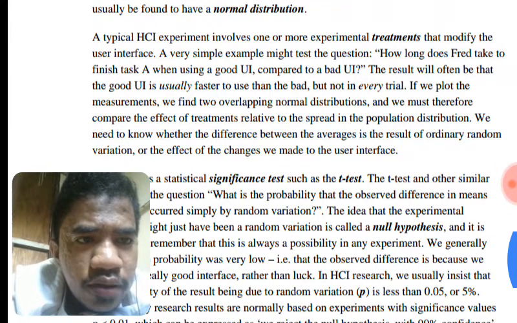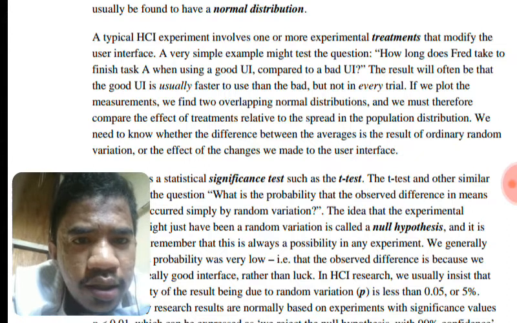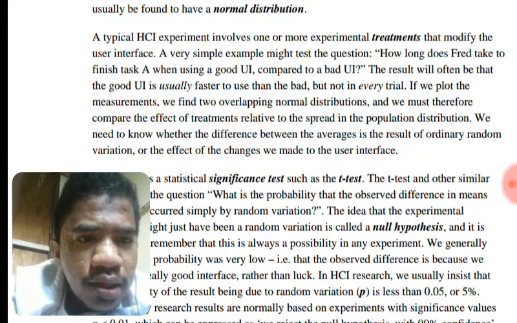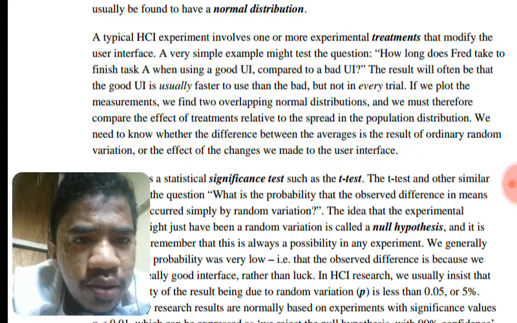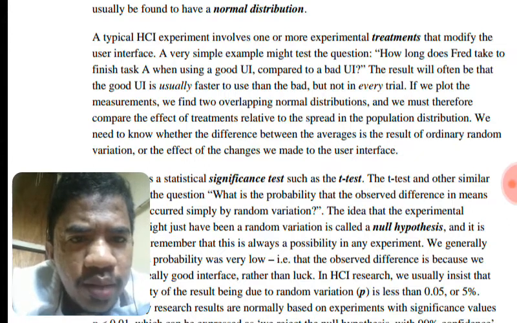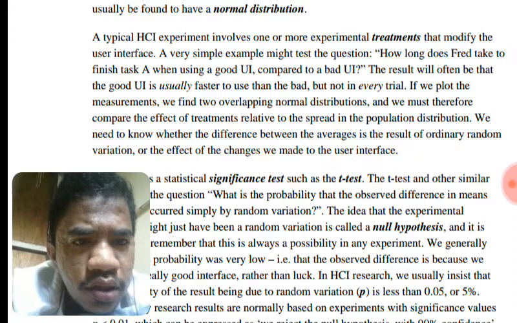The result will often be that the good UI is usually faster to use than the bad, but not in every trial. If we plot the measurements, we find two overlapping normal distributions, and we must therefore compare the effect of the treatment relative to the spread in the population distribution.